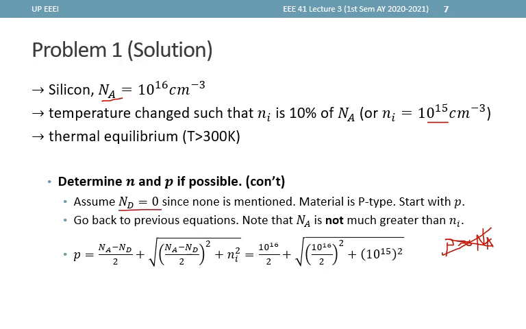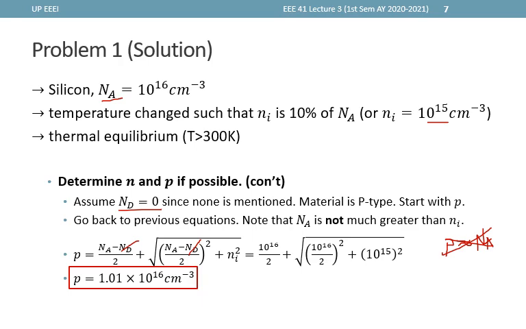But since Nd is equal to 0, we remove those terms, and we'll be left with 10 to the 16 over 2 plus square root of 10 to the 16 over 2 squared plus Ni squared, which is 10 to the 15 squared. So using our handy calculators, we should be able to get this value that P is 1.01 times 10 to the 16.